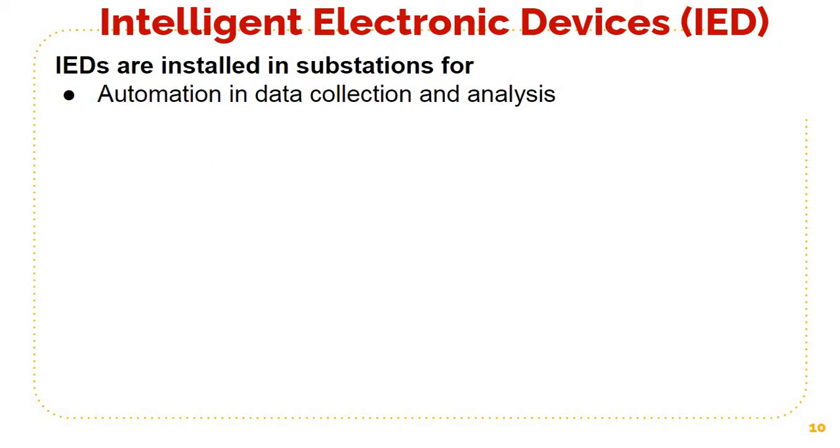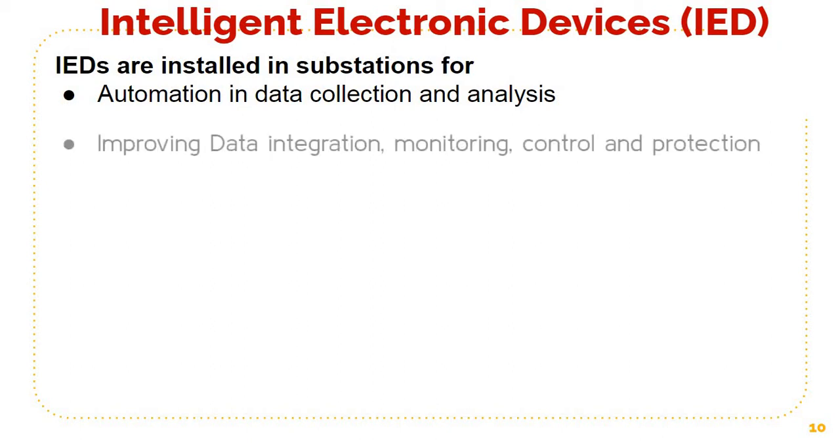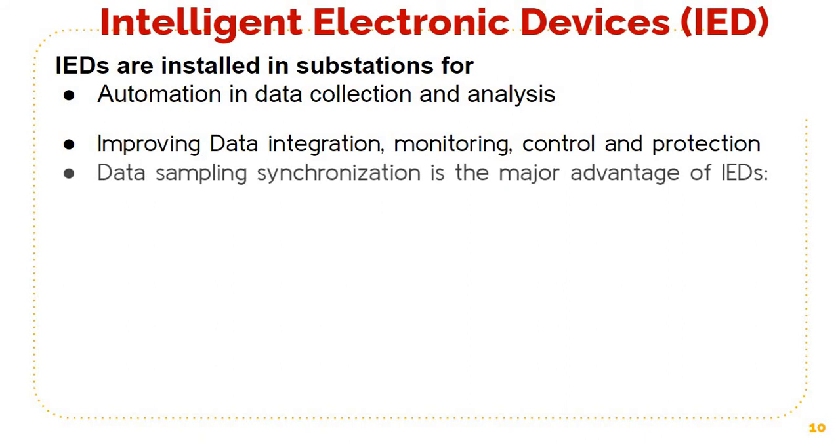These IEDs are installed in substations for automation in data collection and analysis, improving data integration, monitoring, control and protection. Data sampling synchronization is the major advantage of IEDs. We will see this after some time in detail.